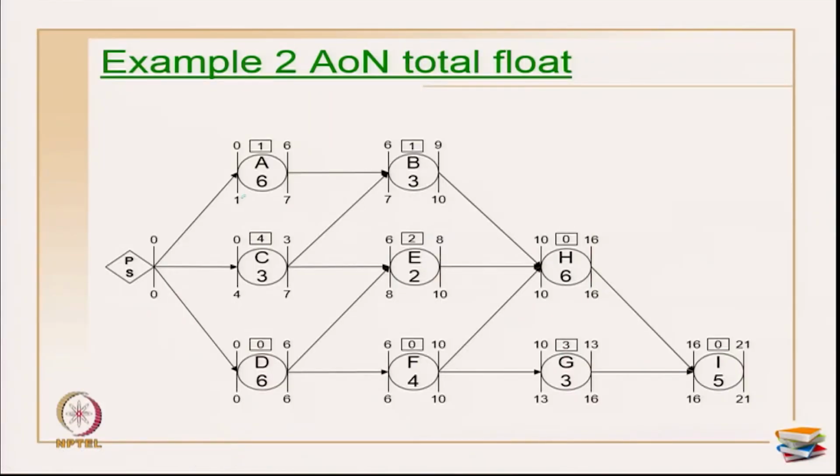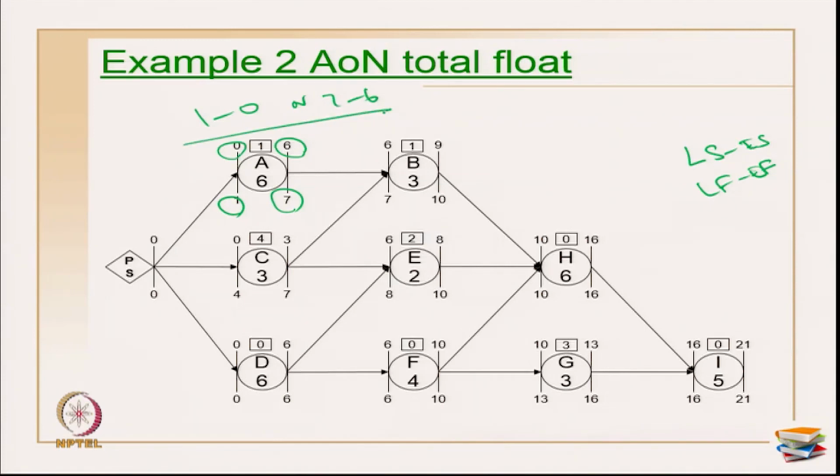Now, I am having the same network. So, how to find the total float is primarily the late start minus early start, or late finish minus early finish, as I said. So, it is primarily the late start minus early start, 1 minus 0 or 7 minus 6. Both are the same here, total float I am getting as 1.